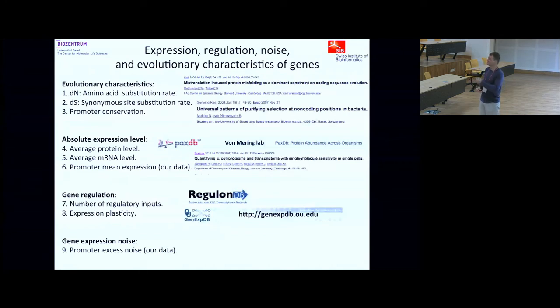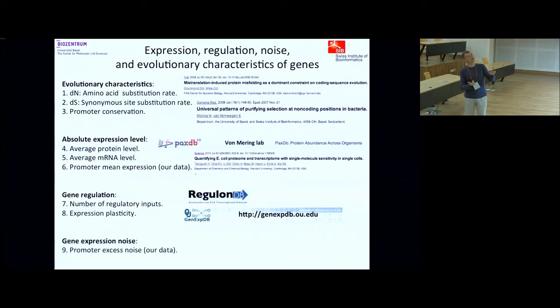So what we did is, for E. coli, we collected a whole set of statistics for each gene, namely the rate at which amino acids are substituted, the rate at which synonymous substitutions occur, and promoter conservation. We looked at the intergenic regions, the promoter regions, and how conserved they are in evolution. This tells you something about how fast regulation is evolving.